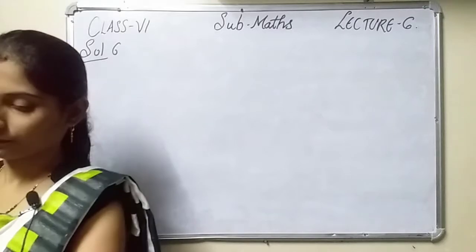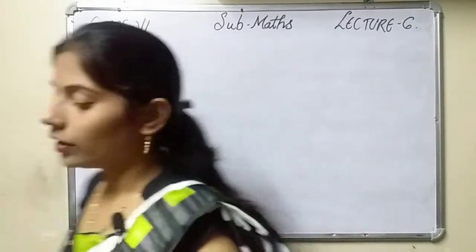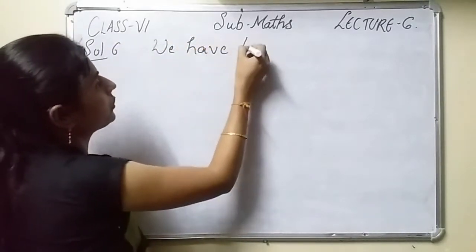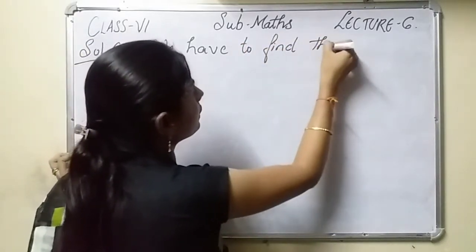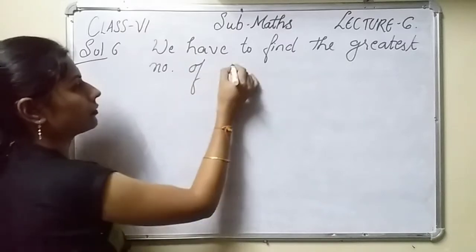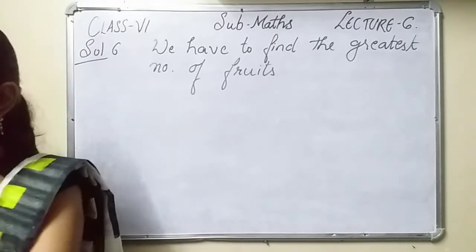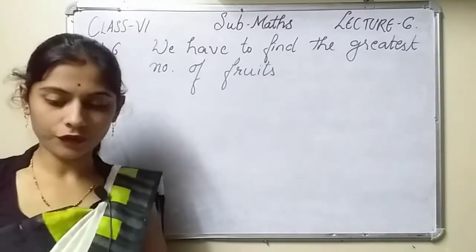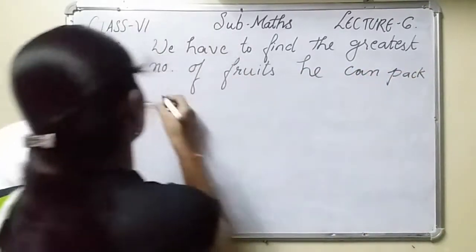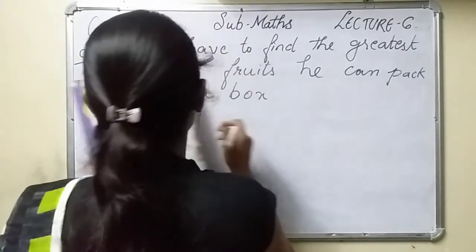Now see. What we have to find here? The greatest number of fruits that he can pack in a box.